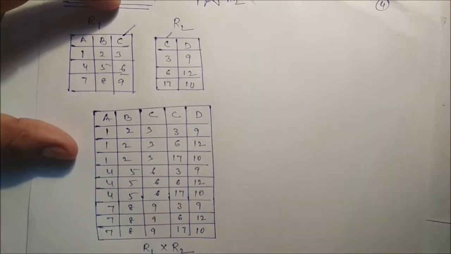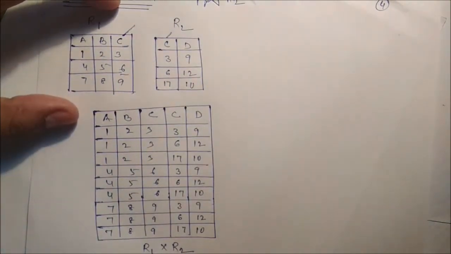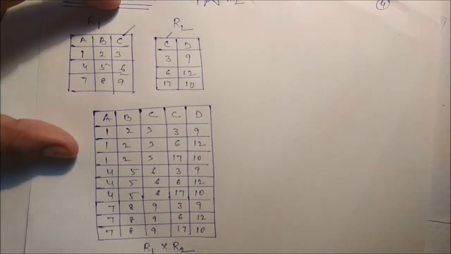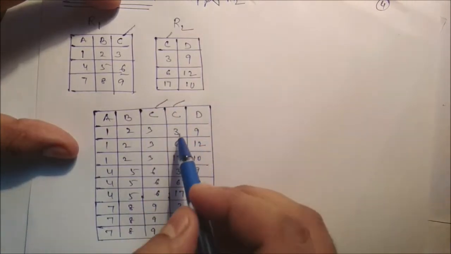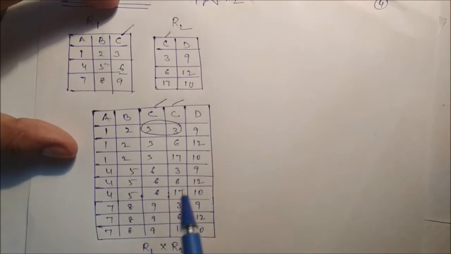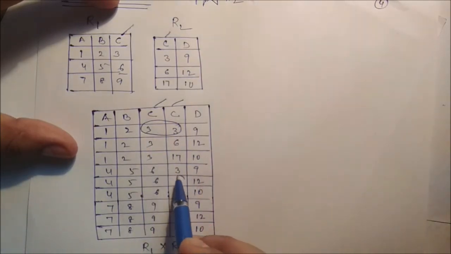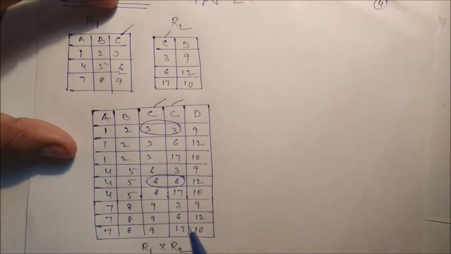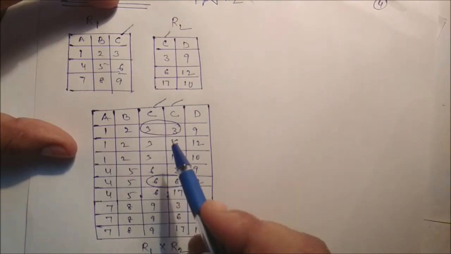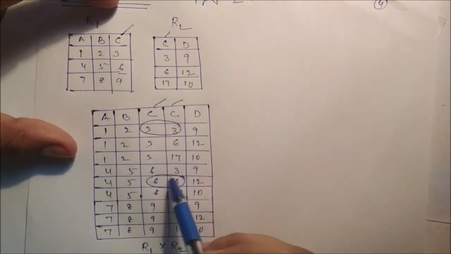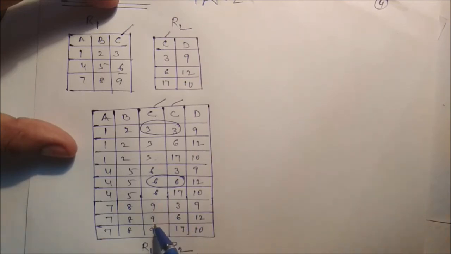For R1 cross R2, first of all the Cartesian product is taken, and then it matches C with C. So 3 3, 3 6, 3 17, 6 3, 6 6, 6 17, 9 3, 9 6 and 9 17.